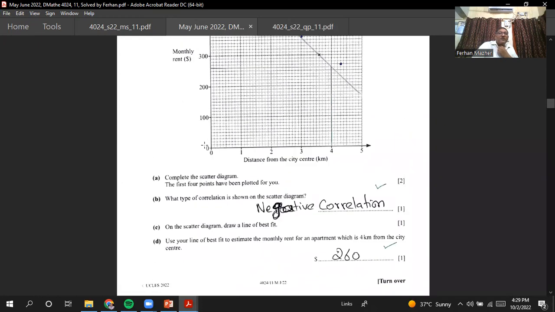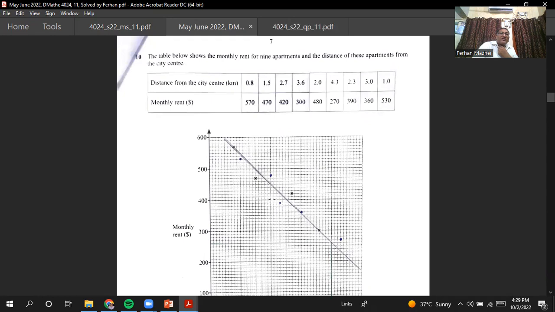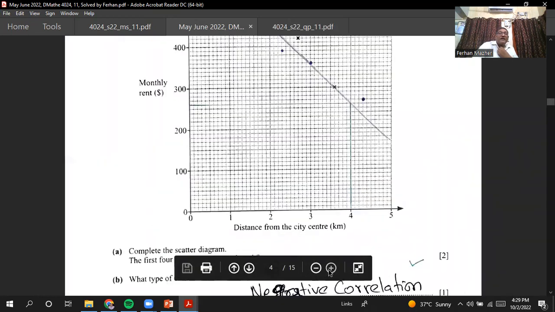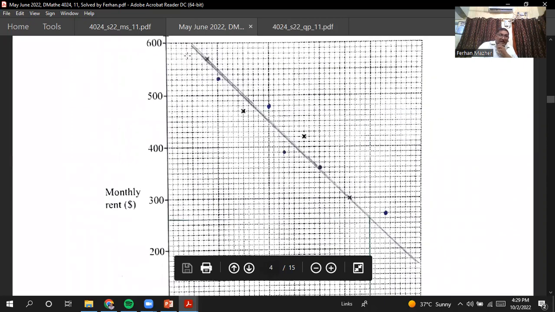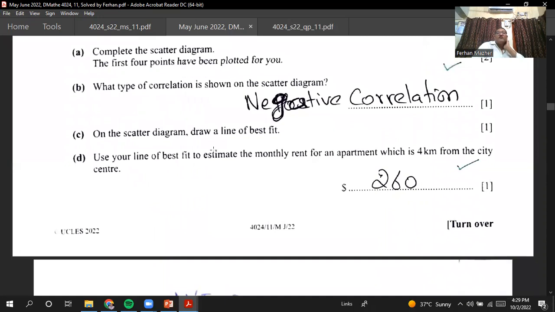And this correlation was negative because it's going down. I have drawn that line. I put those dots there. The 4 dots which were missing, I have plotted them. And you see, this is the line of best fit. And then they ask us a question: when the distance is 4 kilometers, how much is the rent?